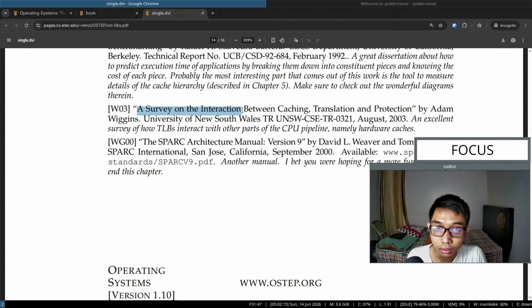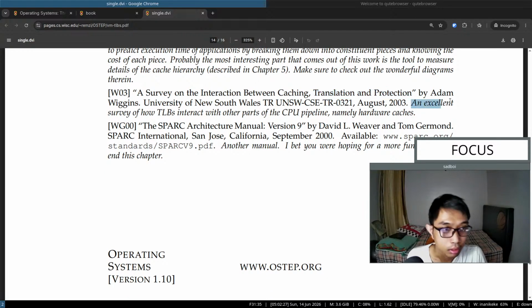A survey on the interaction between caching, translation and protection. An excellent survey of how TLBs interact with other parts of the CPU pipeline, namely the hardware cache.